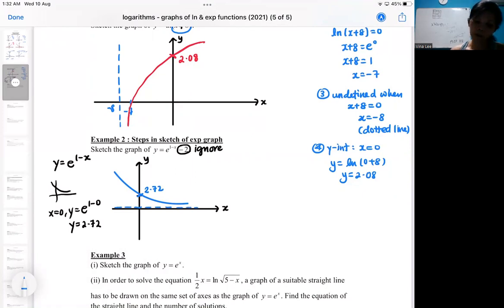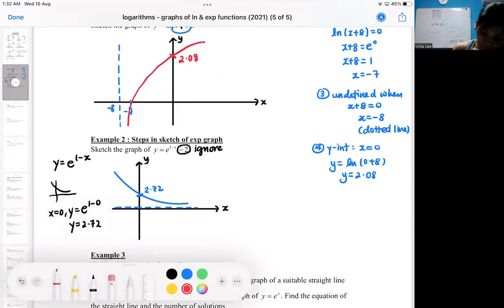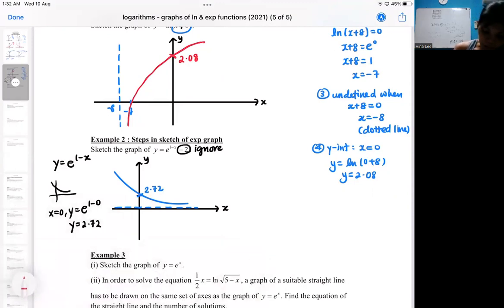So what happens when I decide to shift it down? Then I got to mentally think 2.72 will also get shifted down. It will be shifted down like this. So this will become 0.72. The dotted line will also get shifted down.